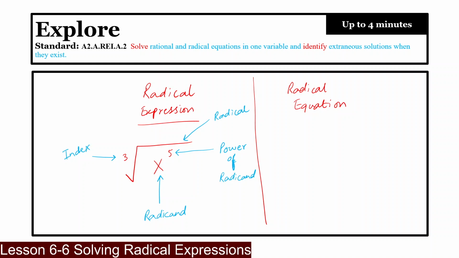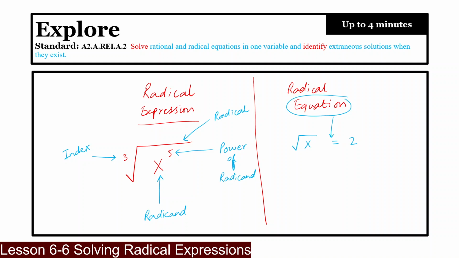So this is a radical expression. So what is a radical equation? Well, here's a radical equation. Let's say that I have something like this. Now here, this is an equation because there is an equal sign. Equation means there is an equal sign.